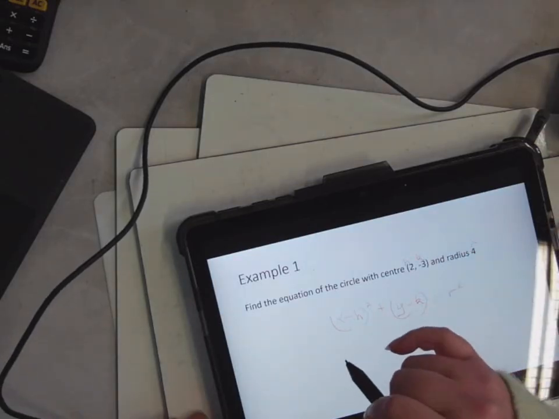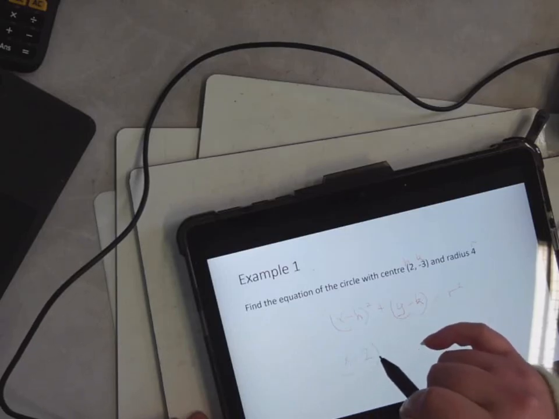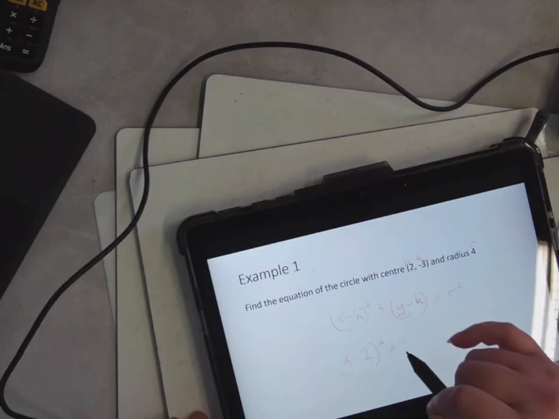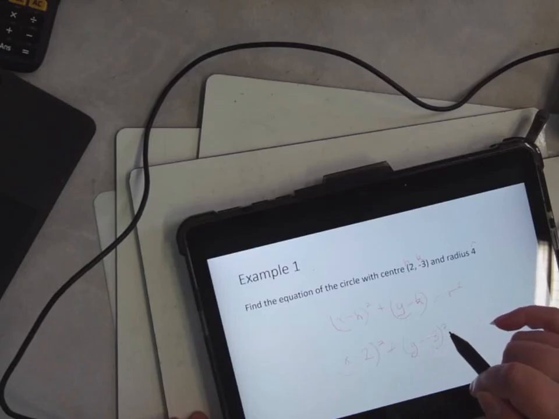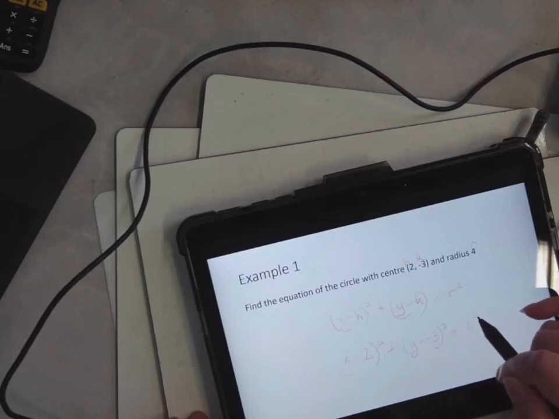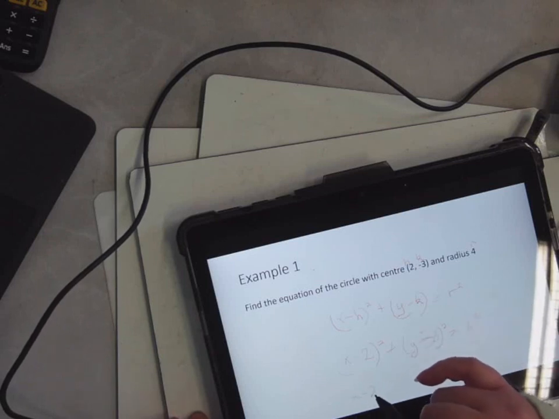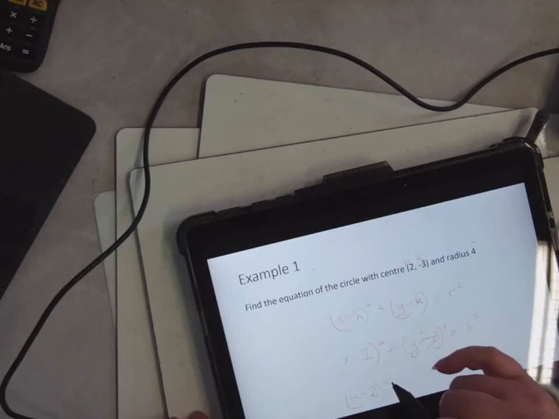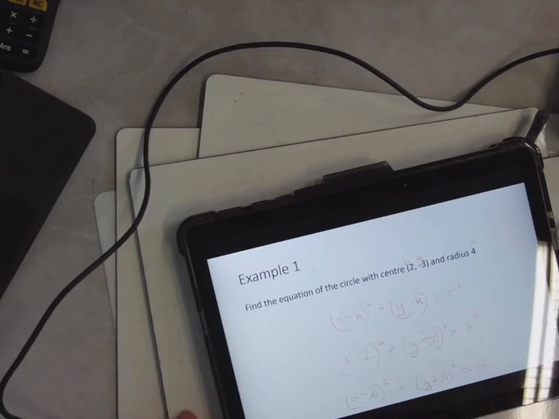So it's x minus minus 2, all squared, plus y minus minus 3, all squared, equals 4 squared. So that becomes a plus, and you get x plus 2, all squared, plus y plus 3, all squared, equals 16. And you wouldn't multiply out unless they ask you to multiply it out.